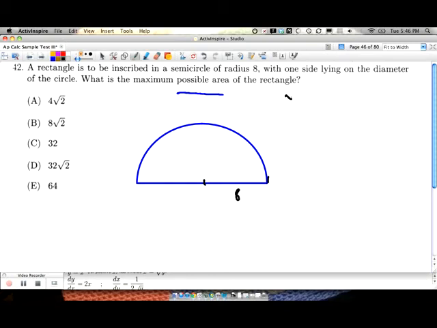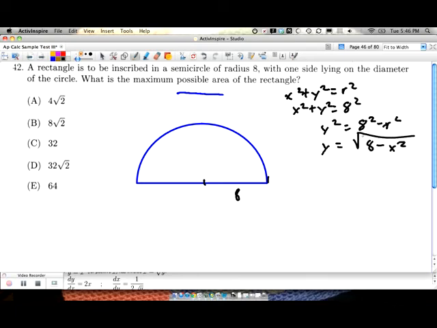And if this is a semicircle, we know that x squared plus y squared equals r squared, so x squared plus y squared equals 8 squared, so that y squared equals 8 squared minus x squared. So y equals the square root of 8 squared minus x squared. So that's my function here.